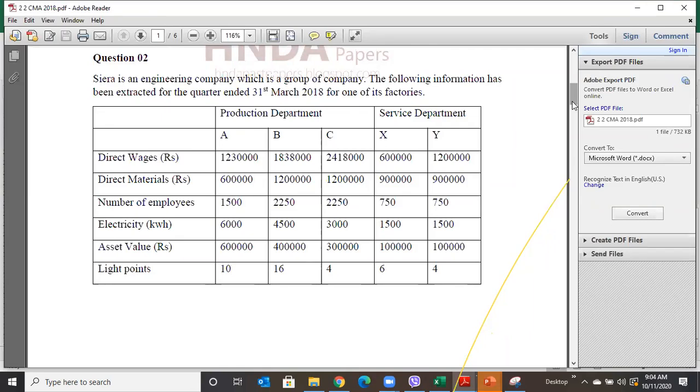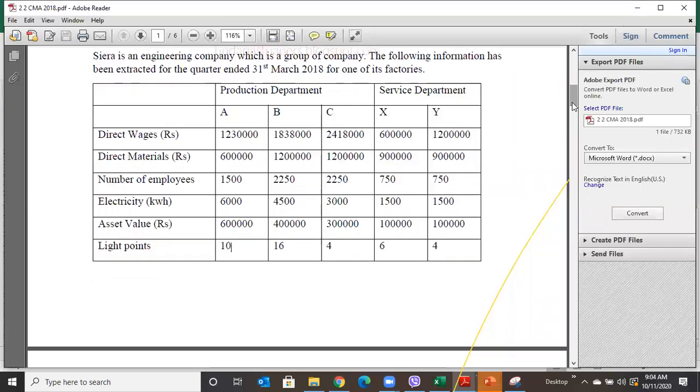Factory details have been given for Sierra Engineering Company, product departments and service departments. There are 5 departments including 3 production departments and 2 service departments.